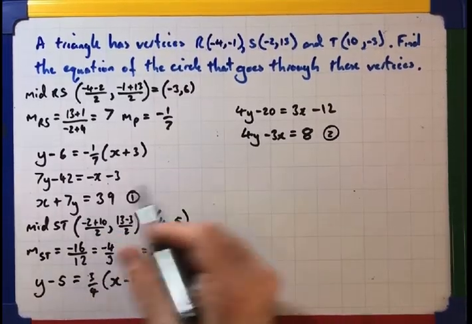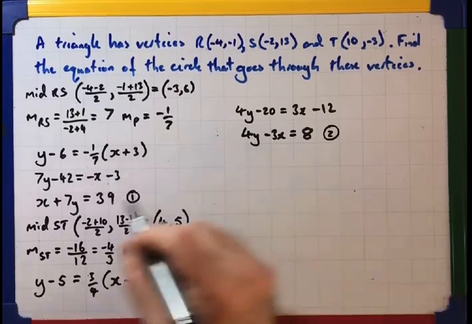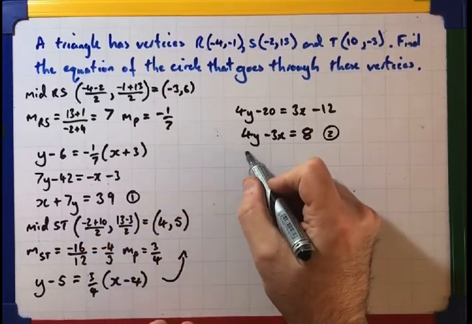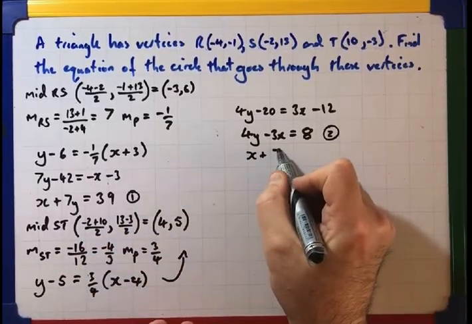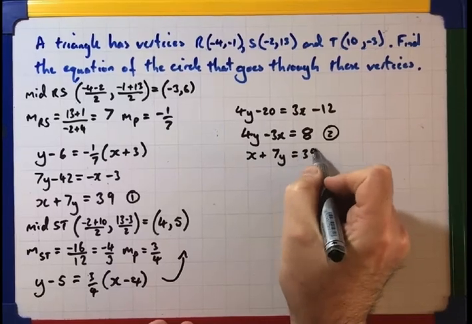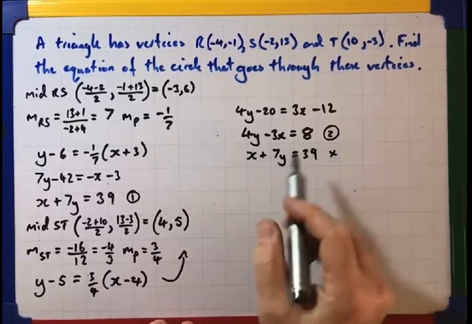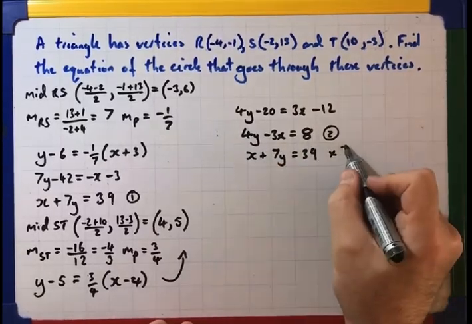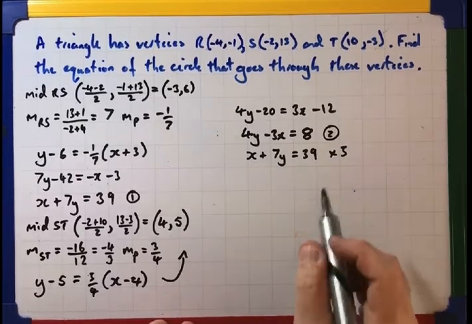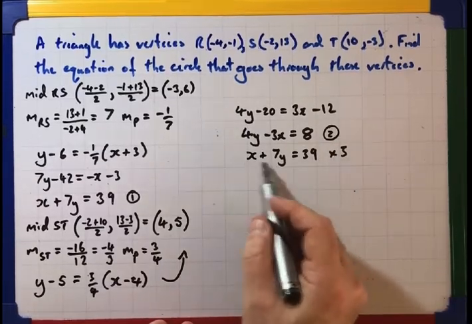Remember, our first equation was x plus 7y equals 39. So what I'm going to do is, let's get rid of the x's, let's multiply the first equation by 3.